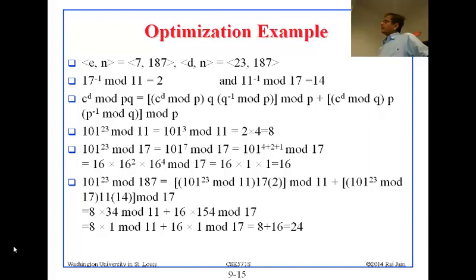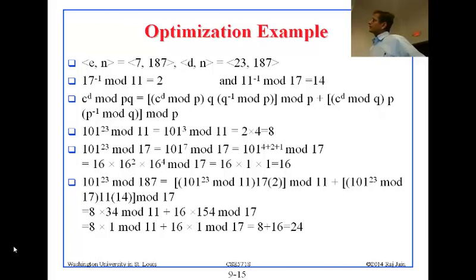I already made a mistake. How did I get 11 here? Yeah, P is 11, okay, P is 11, Q is 17, sorry. So 17 inverse, okay, this is D and E, which is how I'm getting confused.